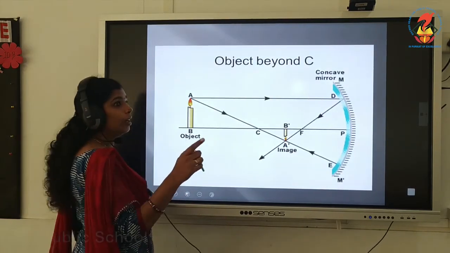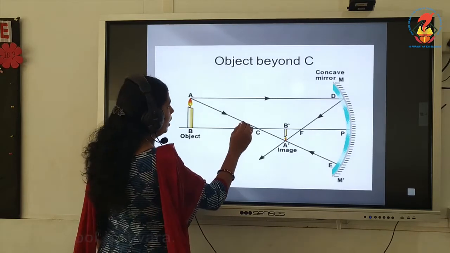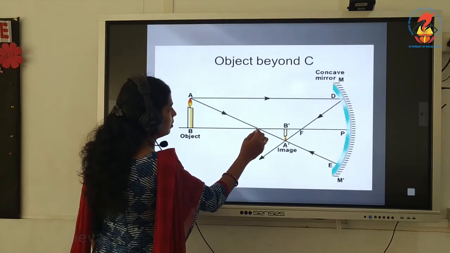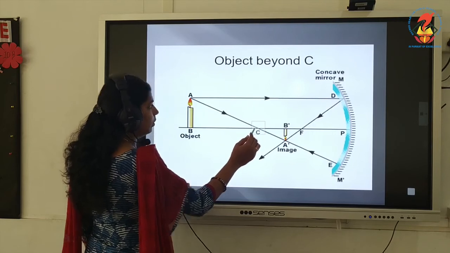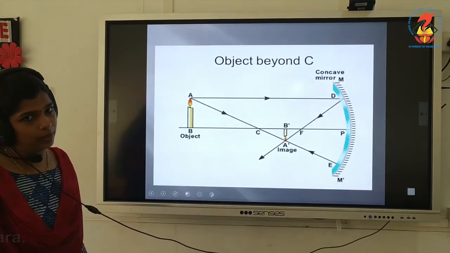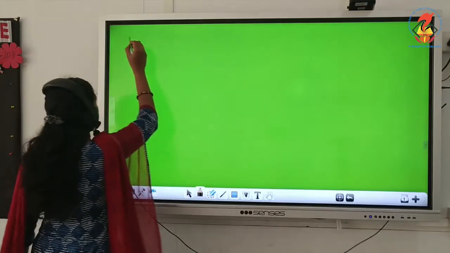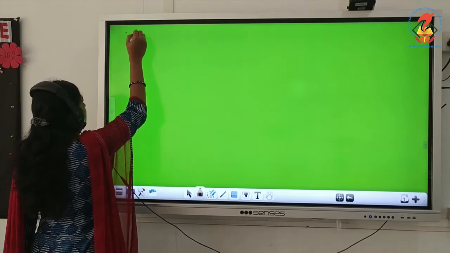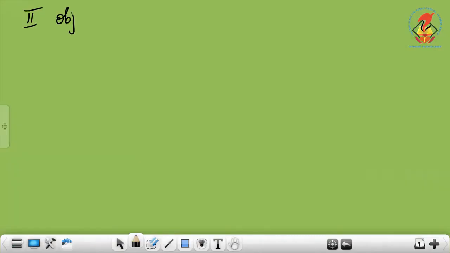Then, the third rule we are using here: a ray of light passing through the center of curvature will retrace the same path. Second case, object beyond C.